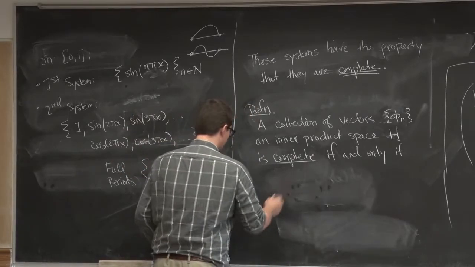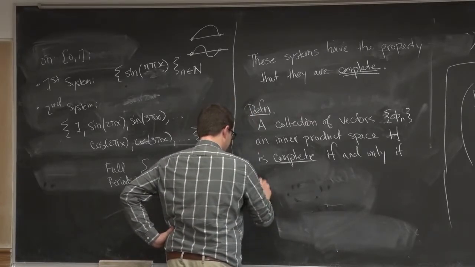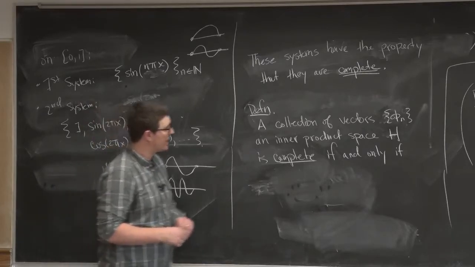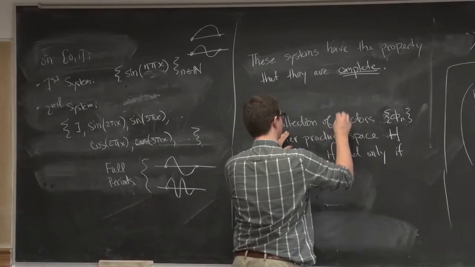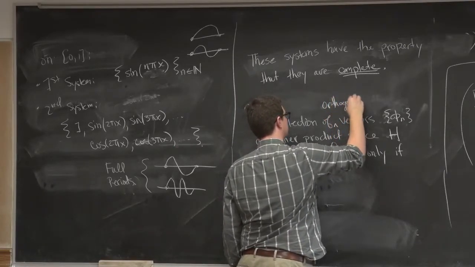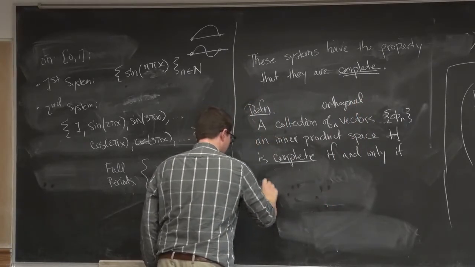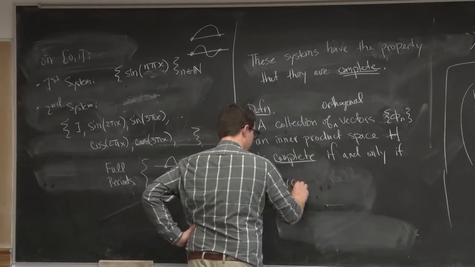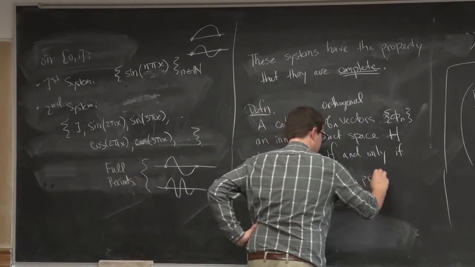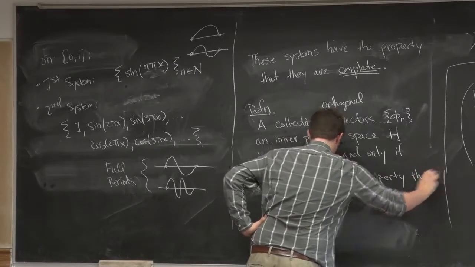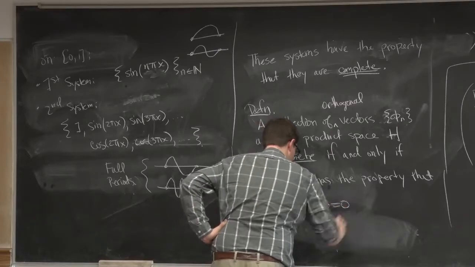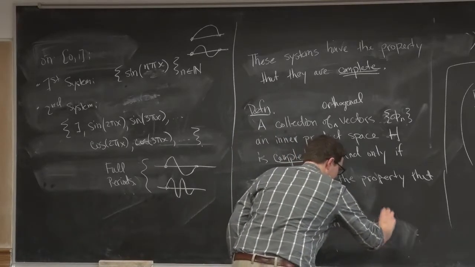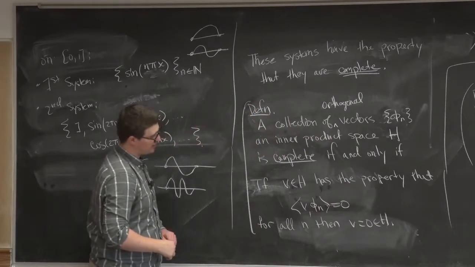Let's say this: if v in H has the property that the inner product of v with phi n is 0 for all n, this is what the book uses, then v is 0 as an element of H. So that is the zero vector.